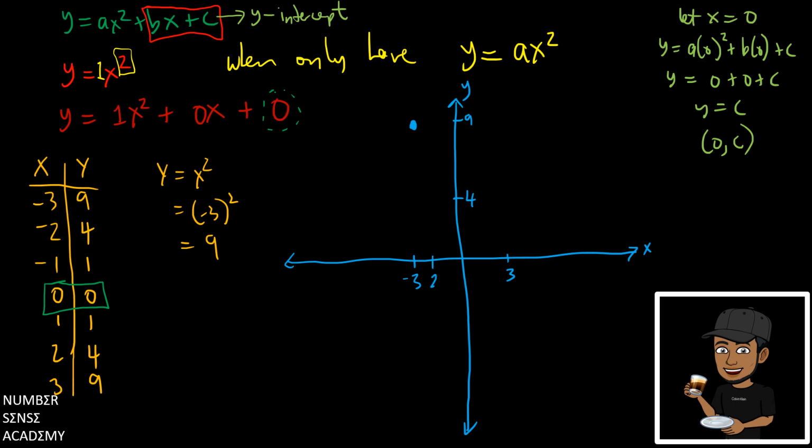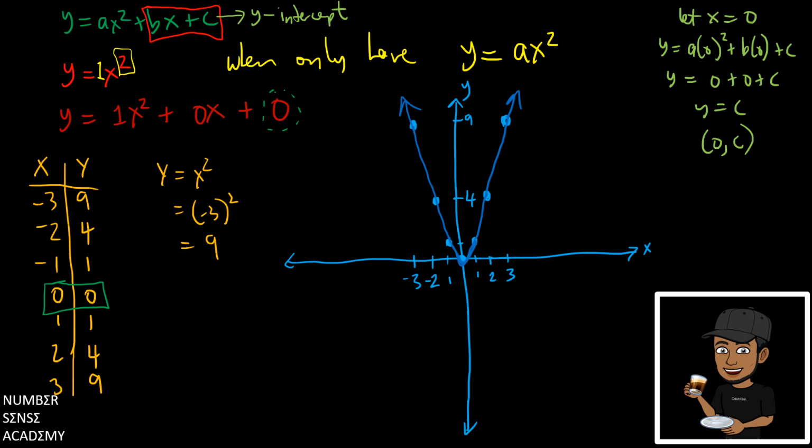And then -2, 4, then -1, 1, and then 0, 0, then 1 and 1, and then 2 and 4, and then 3 and 9. So this is what my graph looks like. It's supposed to be a little curve at the end. It's not a V shape.